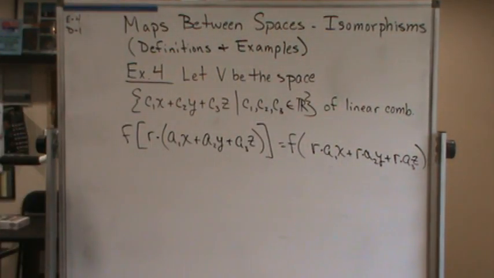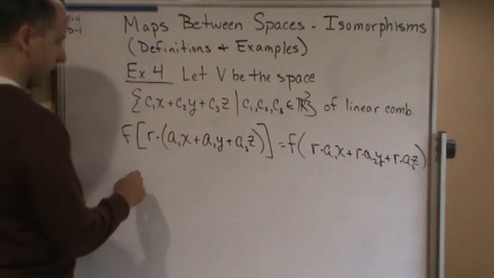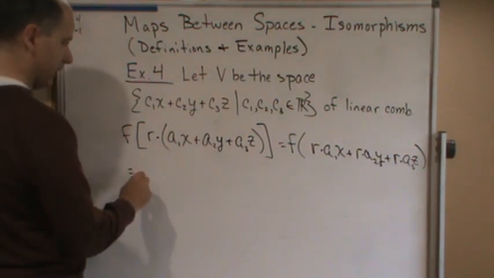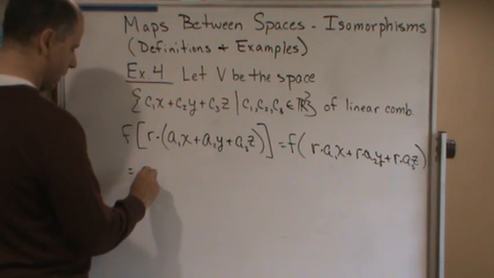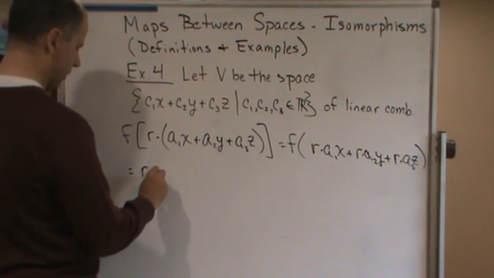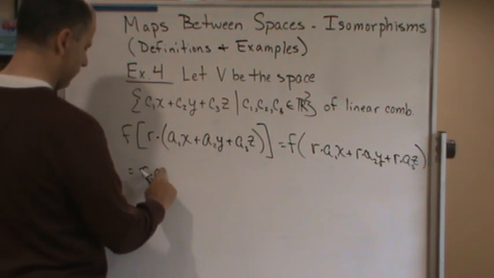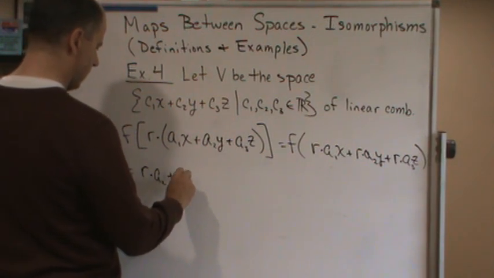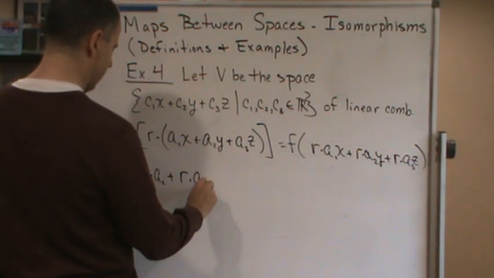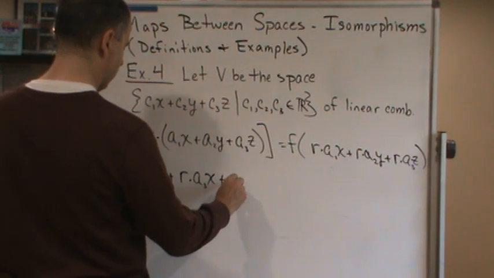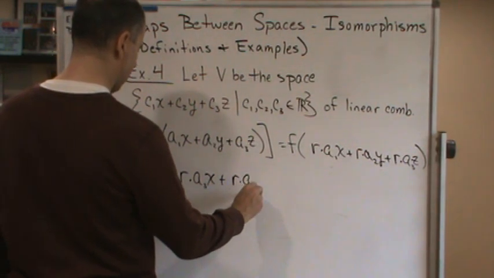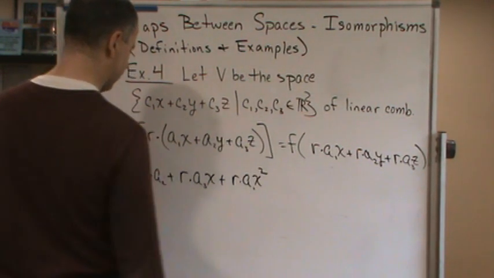And now I'm going to apply the correspondence, the mapping. So here we go. This is going to be equal to what? It's going to be r times a2 plus r times a3x plus r times a1x squared.